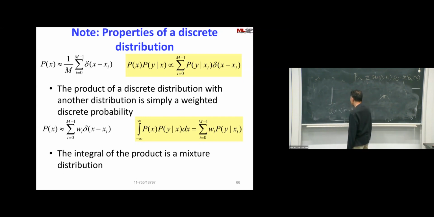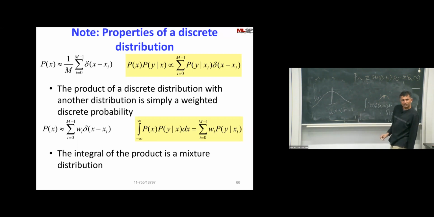Now, if I multiply it by some other function, f of x, the product is going to be 0 everywhere except over here. So the integral of f of x times delta of x minus xi dx, I can write this as f of xi, because the rest of the x's don't matter. The integral of delta is simply going to be f of xi.